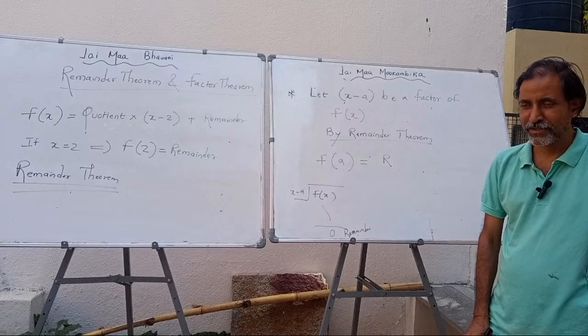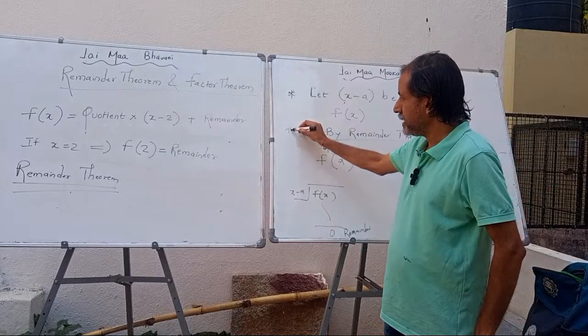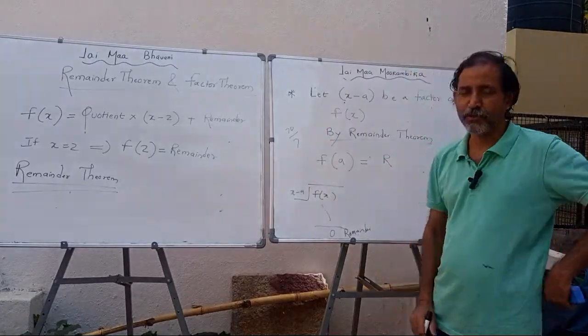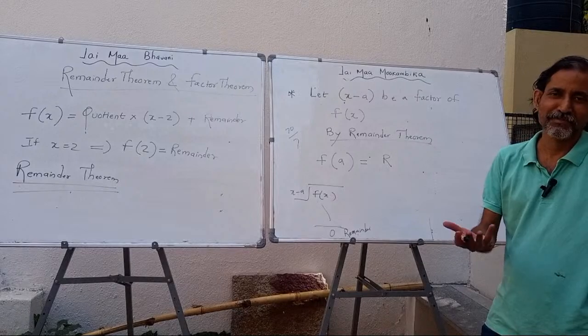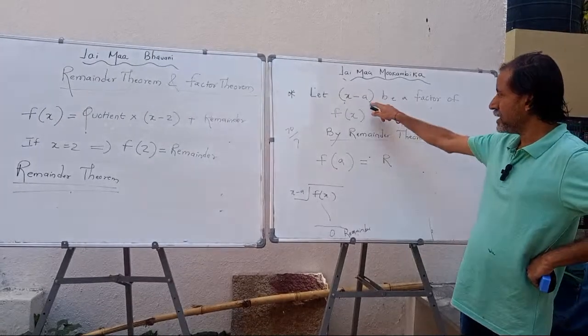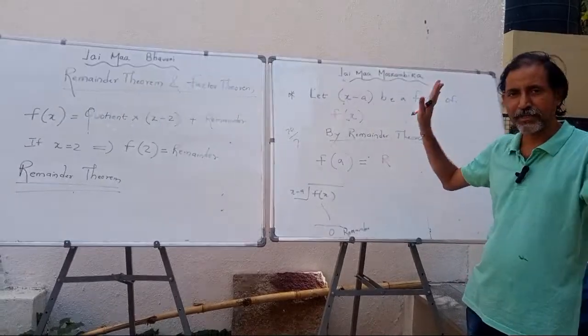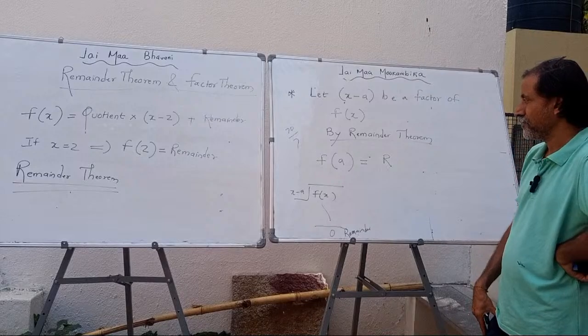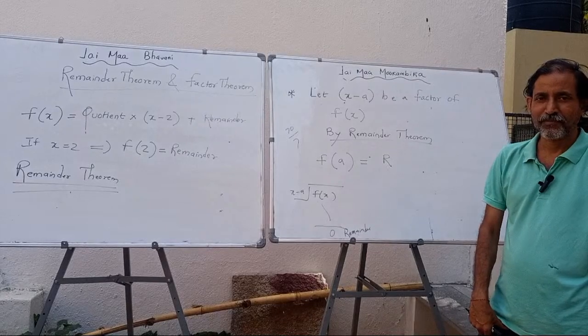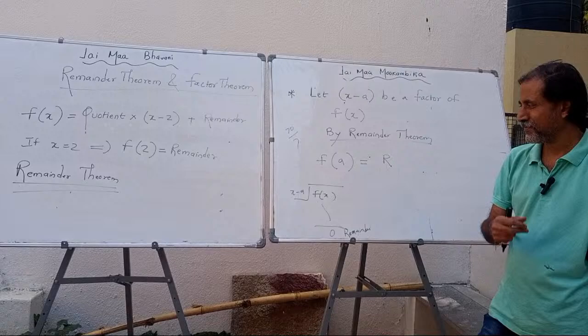If 70 is being divided completely by 7, what is the remainder? 10? That's the quotient, not the remainder. So x minus a divides this completely, so the remainder should be 0. Perfect.